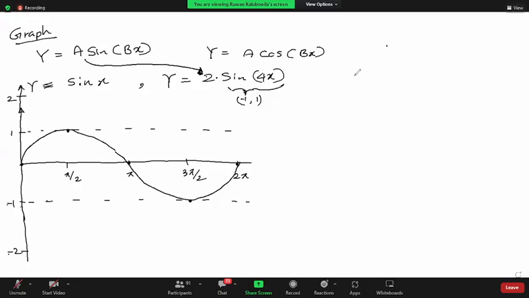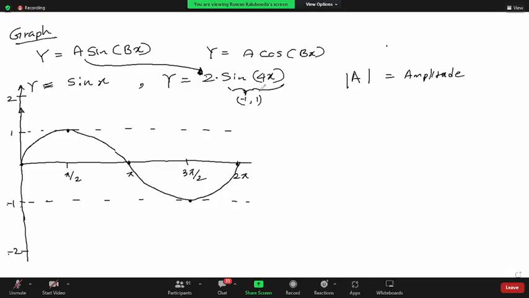That is what we call amplitude. Amplitude of our sine curve. Right? So if you take the absolute value of this, it will define the amplitude. Okay. In here, the amplitude is equal to 2.